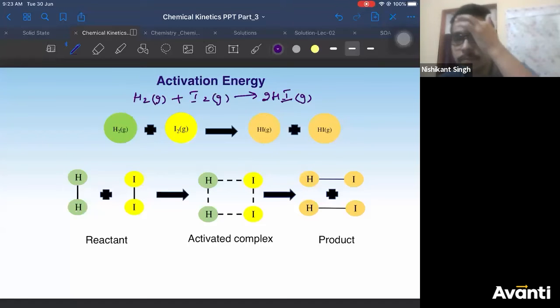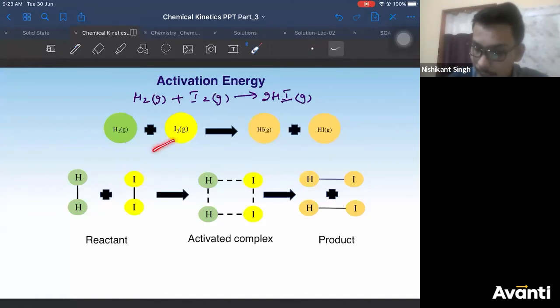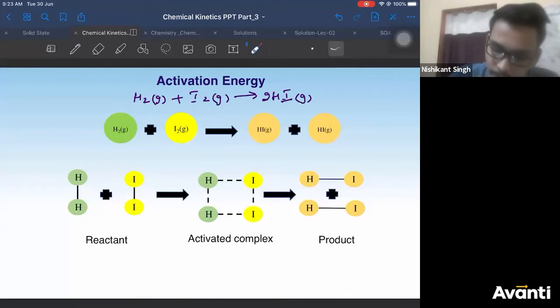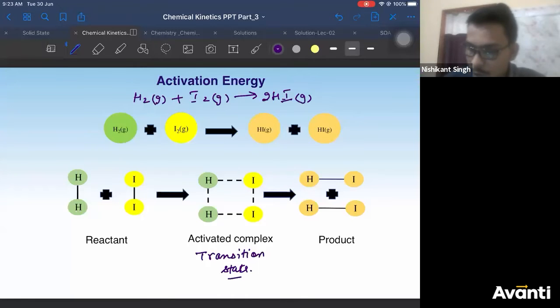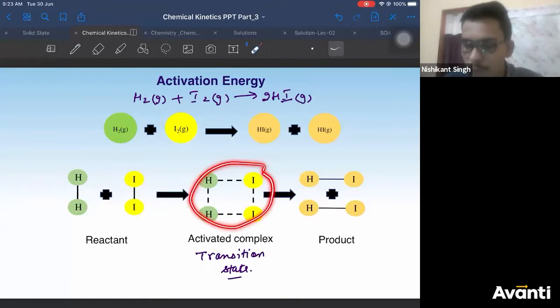Now in this, the reaction does not happen directly. So what happens is, first H2 combines with I2 to form an intermediate, or you can say activated complex, or you can say transition state in short. So one intermediate will be formed before the product.